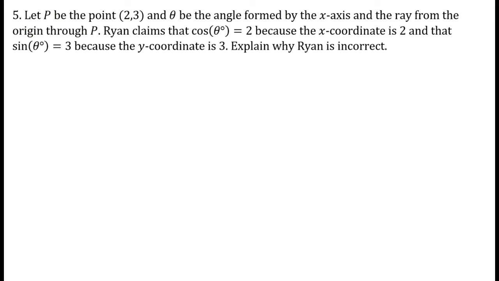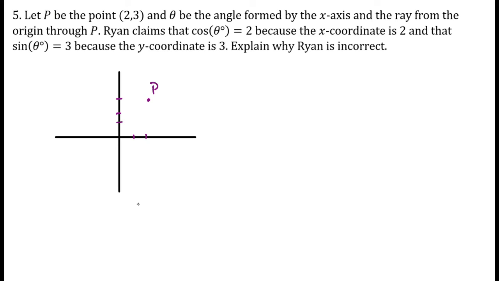And finally, number 5. Let P be the point (2, 3), and theta be the angle formed by the x-axis and the ray from the origin through P. Let's get a picture before we even go on. I have a point P, (2, 3).